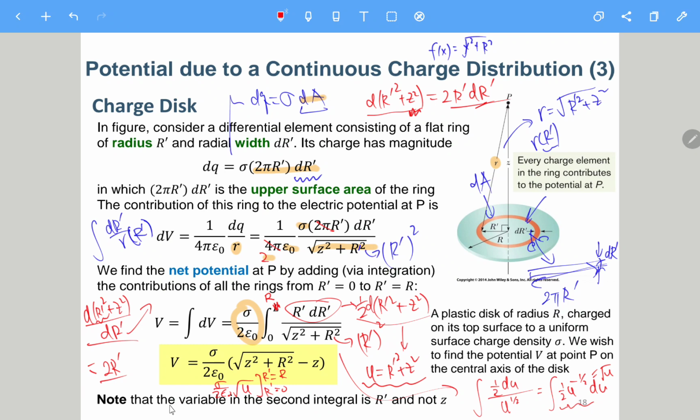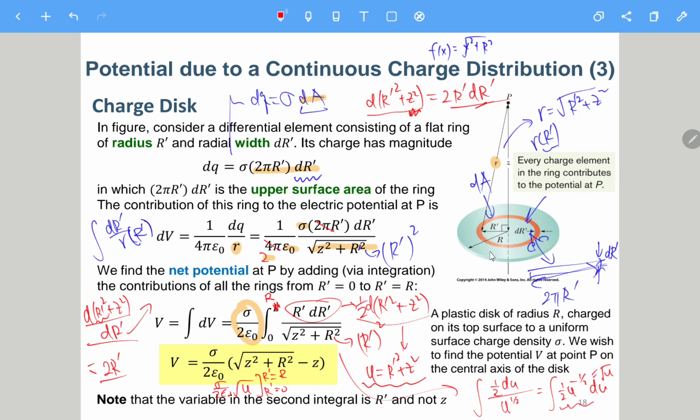Note that the variable in the integral is r prime, not z. Z is just a constant value, because throughout this integration, when you change r prime, z doesn't change at all. But r will change because r prime is changing.